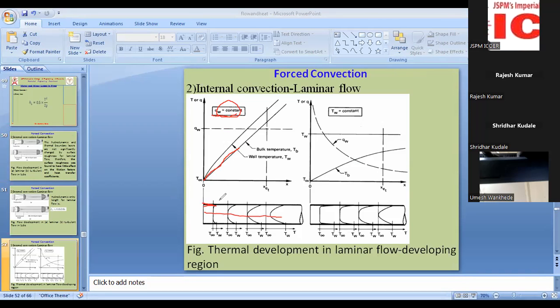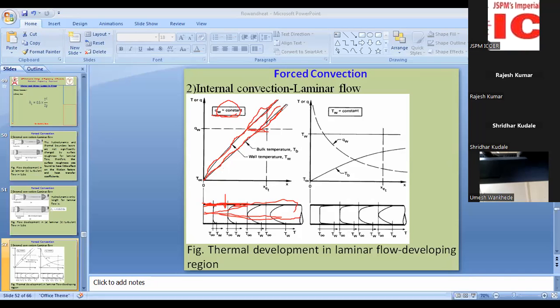Heat is given to the fluid, so temperature goes on increasing as it comes out. The temperature of the wall of this tube also goes on increasing. Once the profile is developed, this temperature difference doesn't change. It becomes parallel. The temperature difference becomes constant.